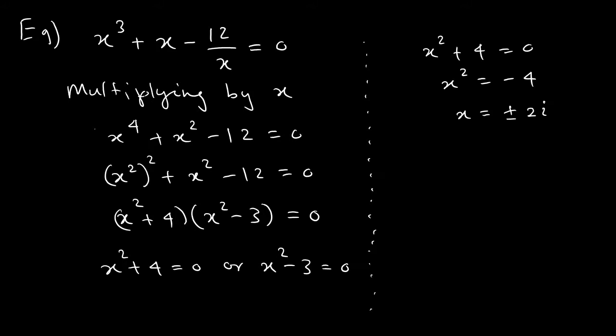Then x squared minus 3 equals 0, so x squared equals 3, so x is plus or minus square root 3.